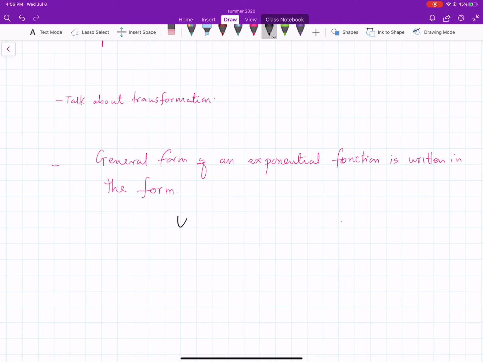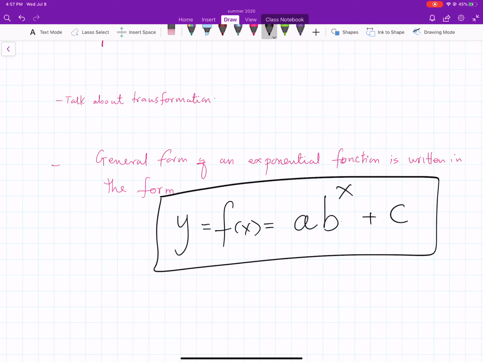What we want is y, or f of x, equal to a b to the x plus c. If you look at this equation, built into it is this, your vertical stretch or shrink.